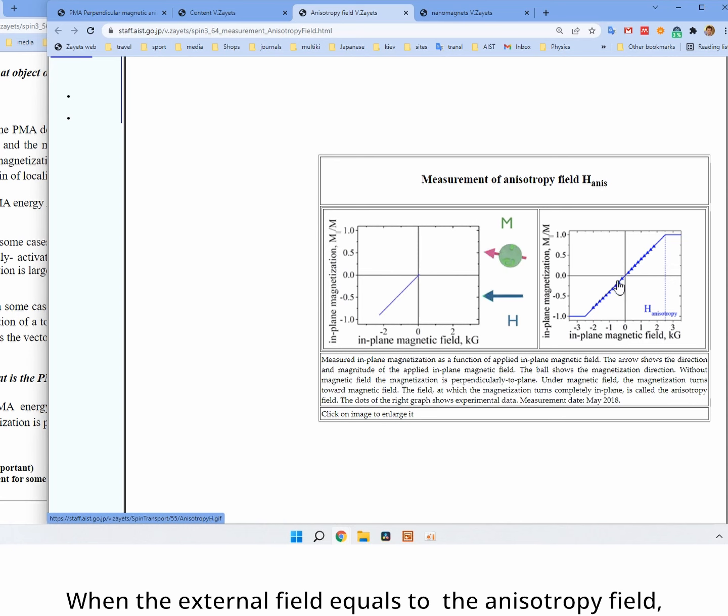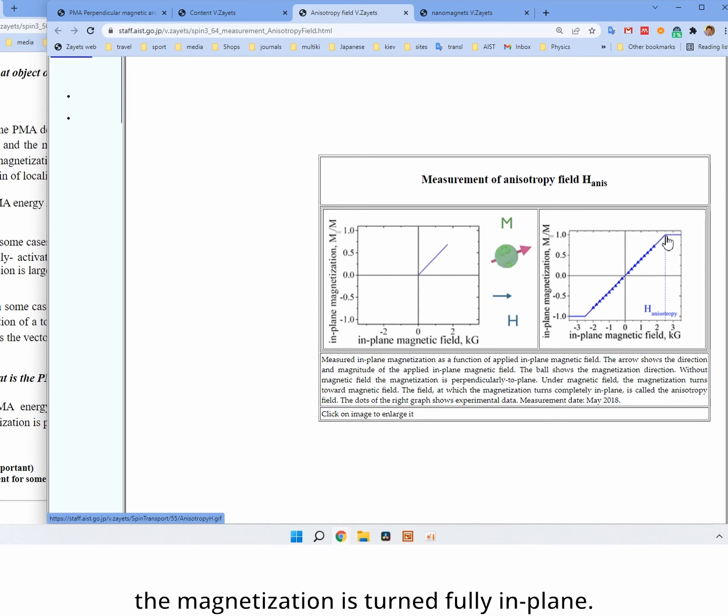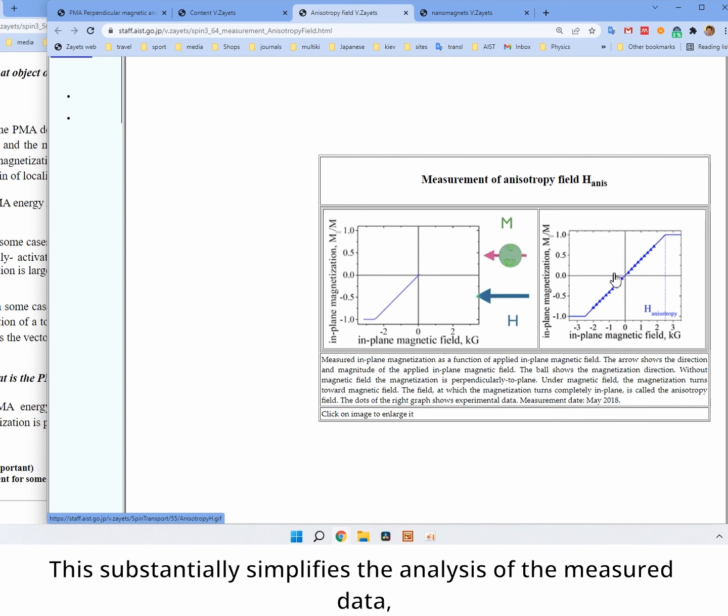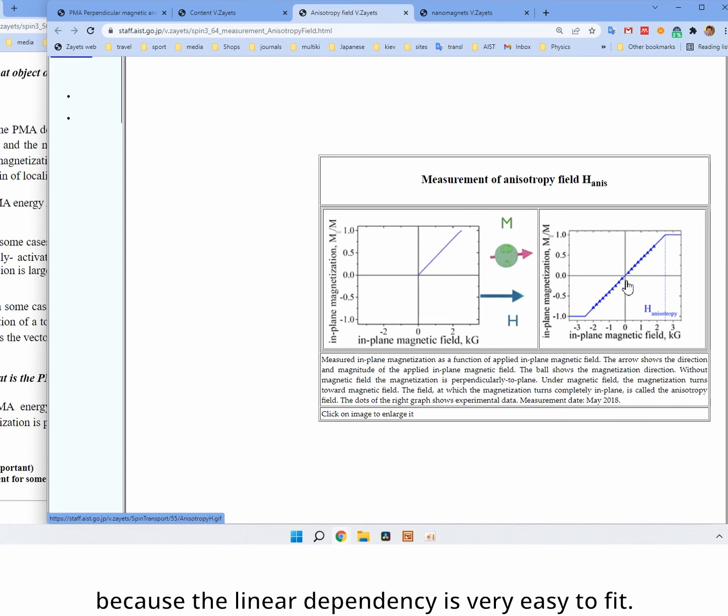When the external field is equal to the anisotropy field, the magnetization is fully in plane. These triangles show the experimental data. As you can see, the experimentally measured dependence is very linear. This substantially simplifies the analysis of measured data because the linear dependency is very easy to fit.